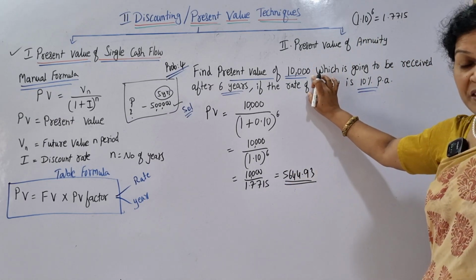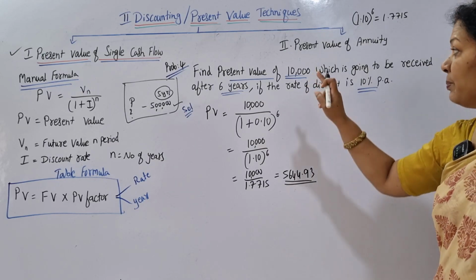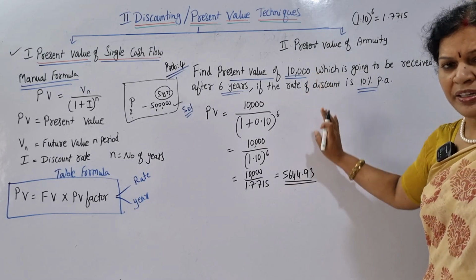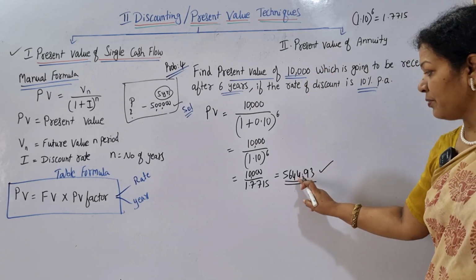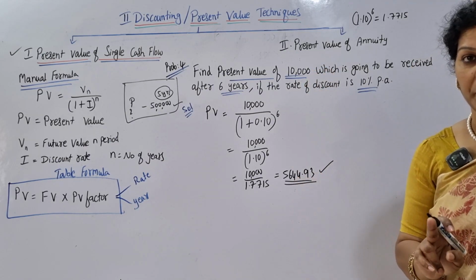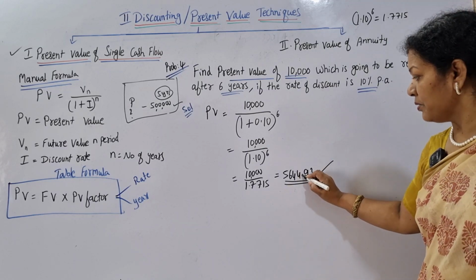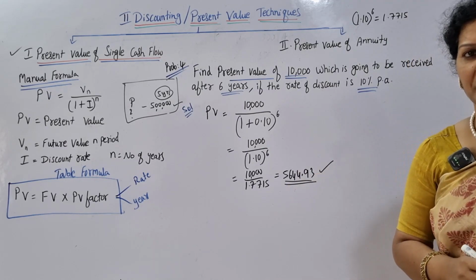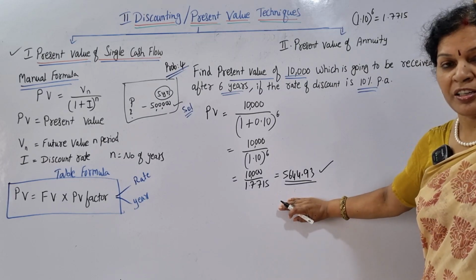If they pay 10,000 after 6 years, right now this 10,000 is worth 5,644.93 paisa. Okay, so this is the value. Now you can take the decision. Is it okay or not? Anyway, this is about the manual calculation.